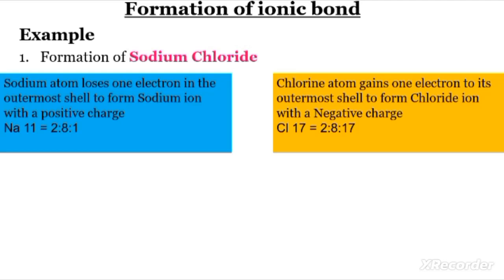Initially, the electronic configuration of chlorine is 2,8,7. So let us illustrate.